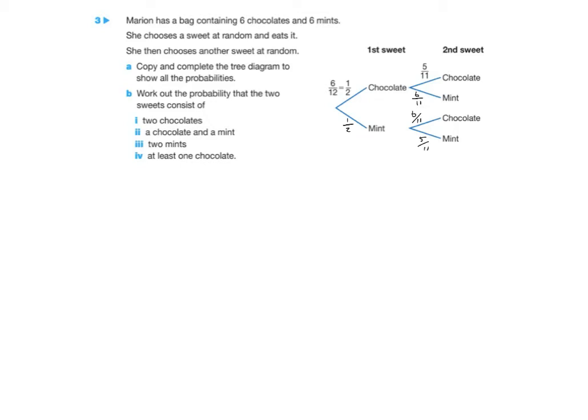Right. So work out the probability that 2 sweets consists of 2 chocolates. Okay, well, let's just do them all up here. Right, so we've got probability of chocolate and a probability of another chocolate. So that's going to be 6/12 times 5/11, which is 30/132, I think.